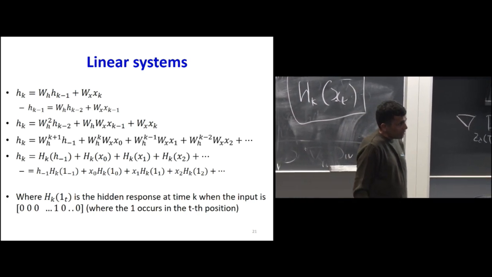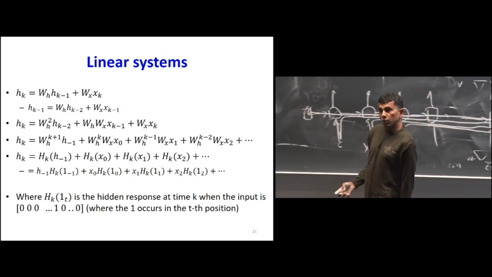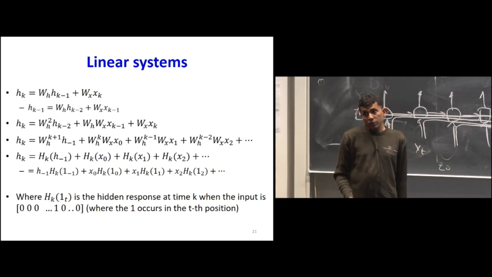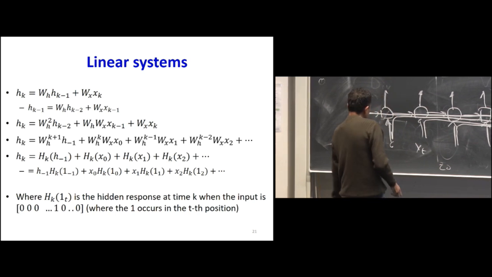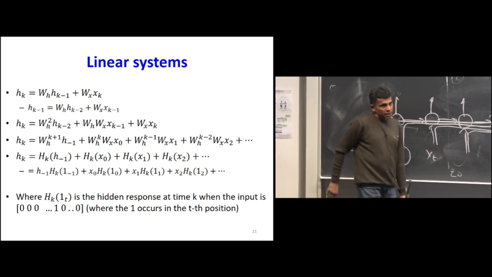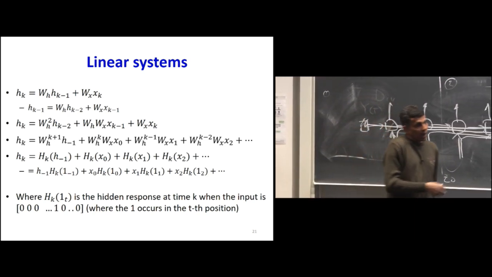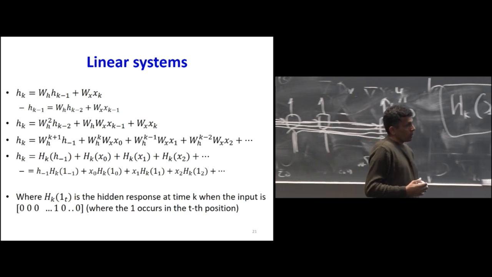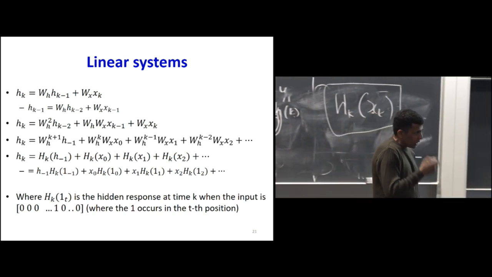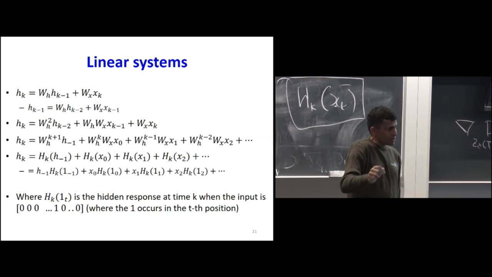In fact, if I'm looking for the long-term response, do things blow up or not, all I need to consider is what happens as a function of time when I have an input over here and everything else is 0. If I understand this behavior, I understand everything about whether the system is going to blow up or not. So I give it an input at time 0, is it going to blow up as time progresses?